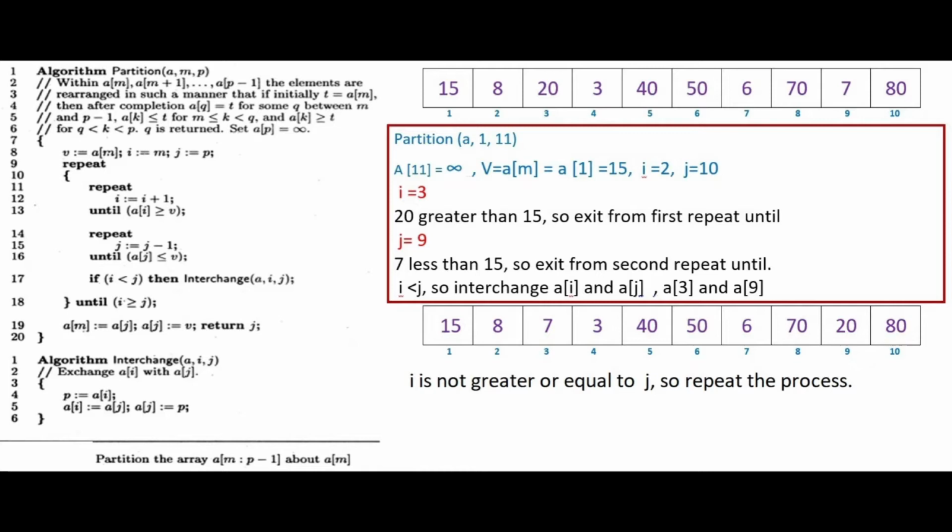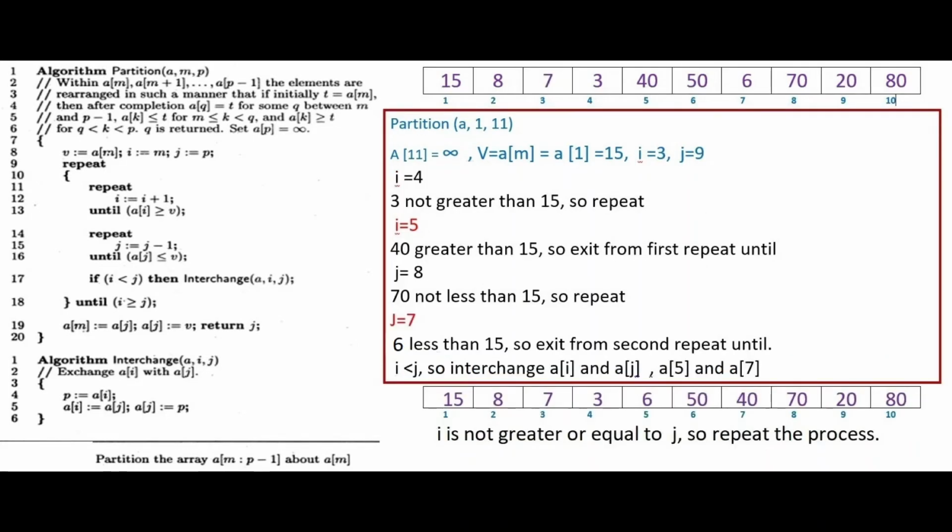Now I is not greater or equal to j. So repeat the same process. So we enter into the first repeat until.